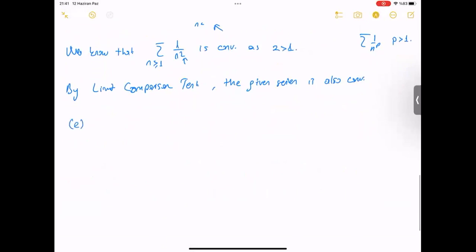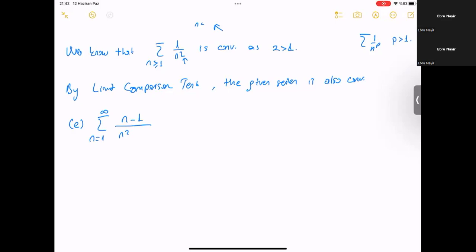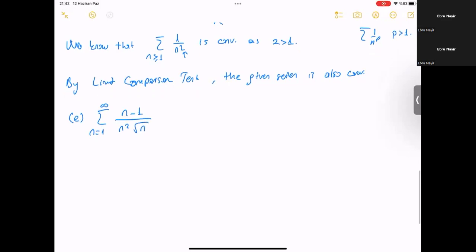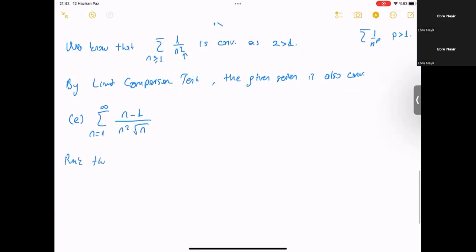Now in part E, we're given the series n minus 1 over n squared times the square root of n. Let me check again. Now remark that this n minus 1 over n squared square root of n is less than this one, right?